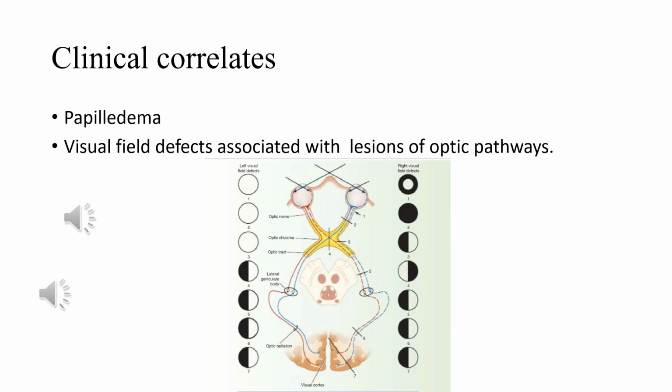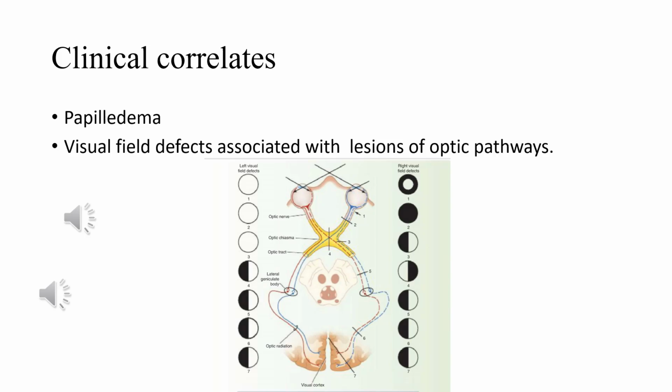If the right optic tract is suffering from a lesion, in the right optic tract there are fibers carrying the nasal field of vision from the same side and the temporal field of vision from the opposite eye. So the effect will be loss of nasal field of vision of the same eye, right? And loss of temporal field of vision of the opposite eye.